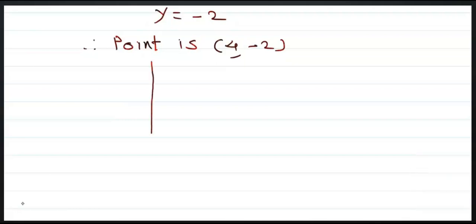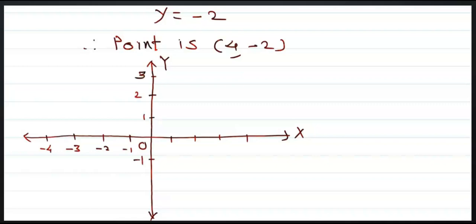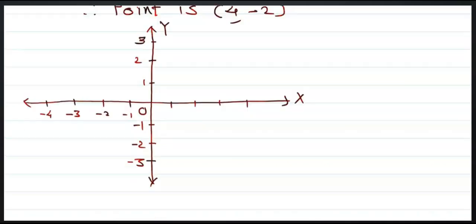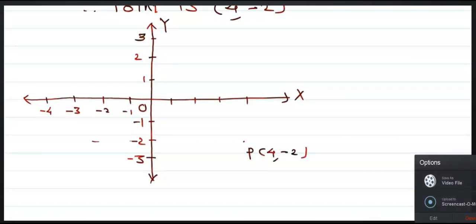Now see this figure again. We have the point (4, minus 2). It is in the fourth quadrant. Now the required line is parallel to the x-axis and passes through the point (4, minus 2).